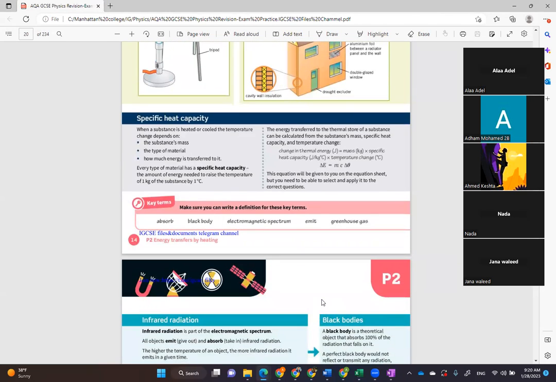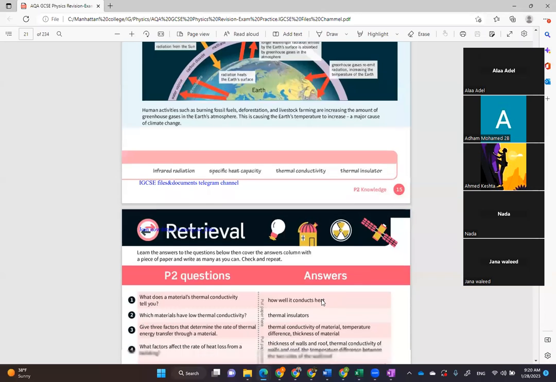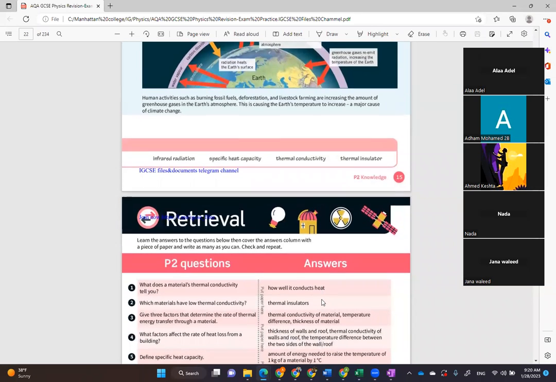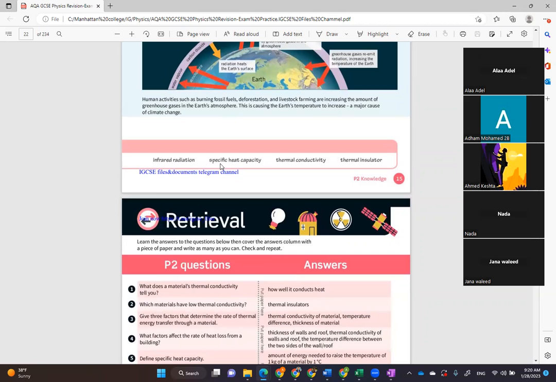Okay. So now it is your turn. Can you type in the chat what is the definition of specific heat capacity? What is the definition of thermal conductivity and thermal insulator? So I need to see your answers in the chat, please.